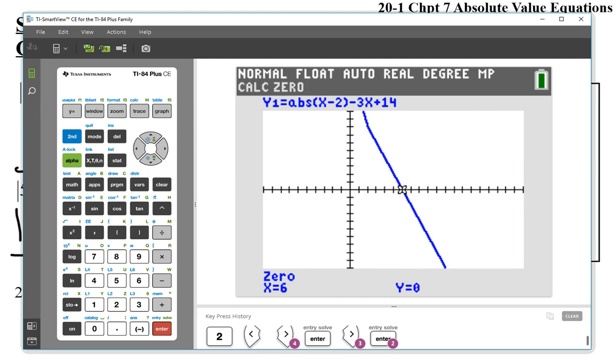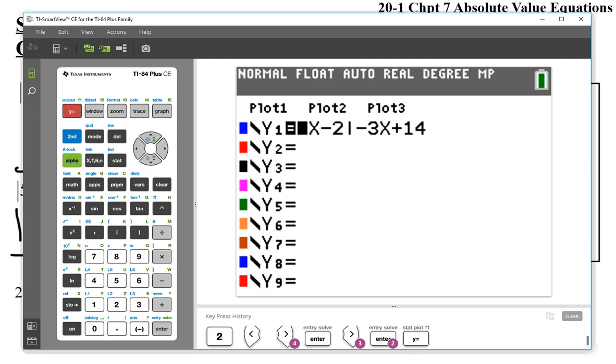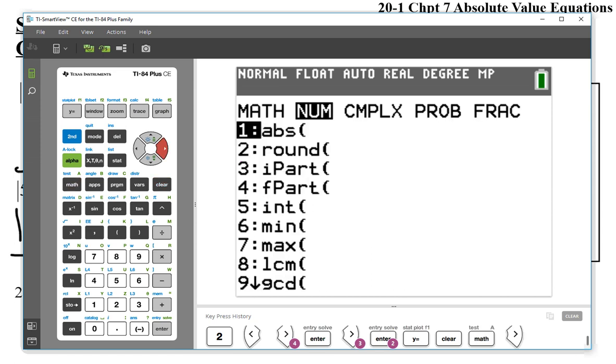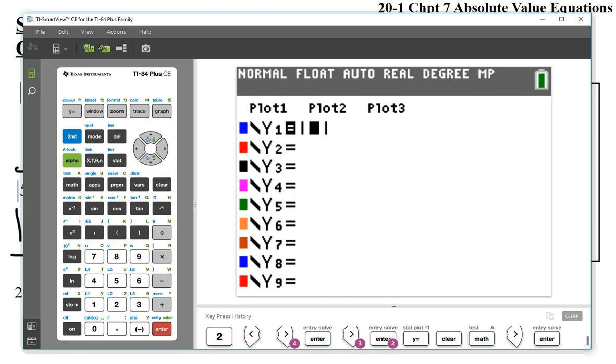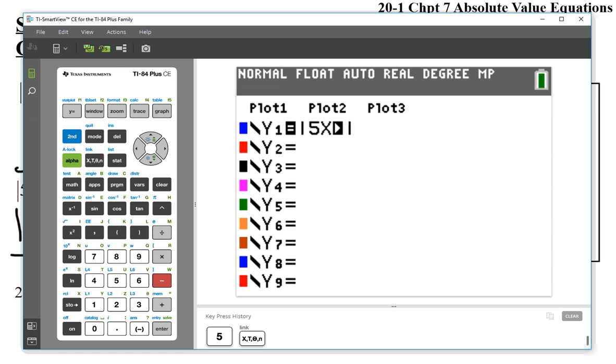Go to the calculator, y equals, let's clear what we had. And again, math. Scroll over so the number is highlighted. We want the absolute value, number 1. What are we going to put in this time? 5x minus 4. Leave the absolute value. Whoops, what happened there?